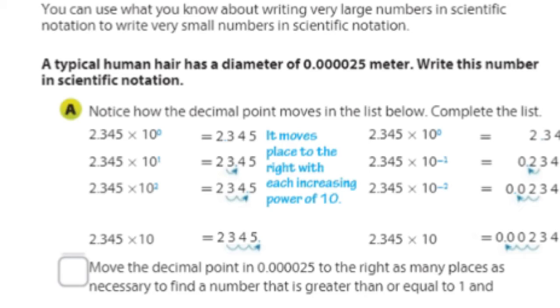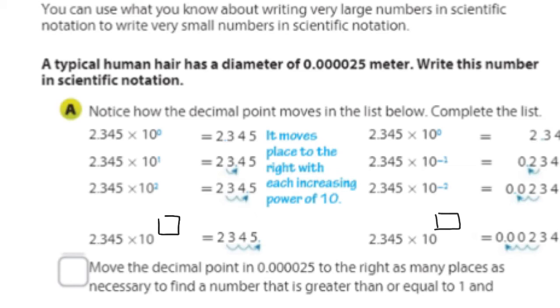So in your book, they do have a block right here and a block right here. Sometimes in this book, whenever I copy it off the computer, they don't have parts of it. So there's actually a block here in your book, and a block here, and you're supposed to fill those in.